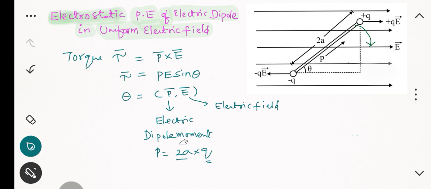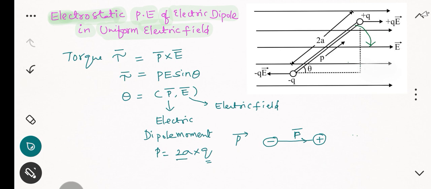We know that the direction of the dipole moment is from negative charge to positive charge. This is about the torque experienced by an electric dipole in a uniform electric field.